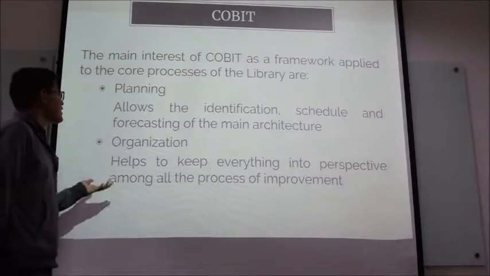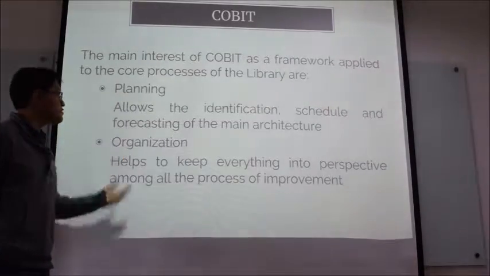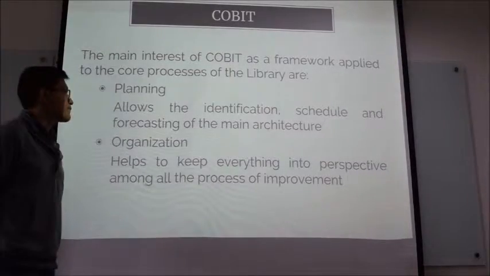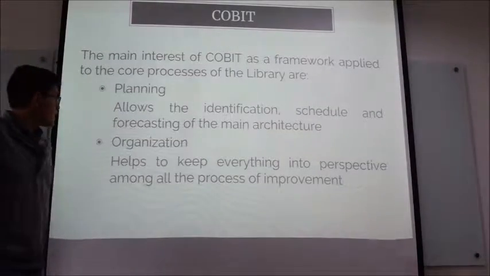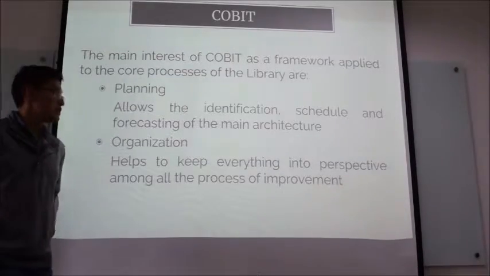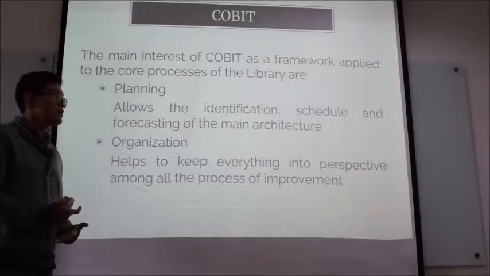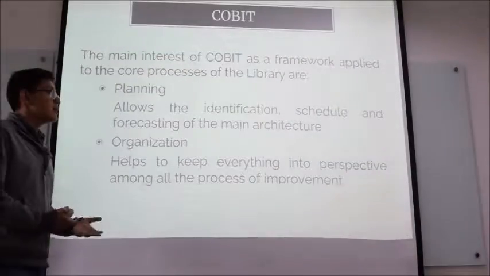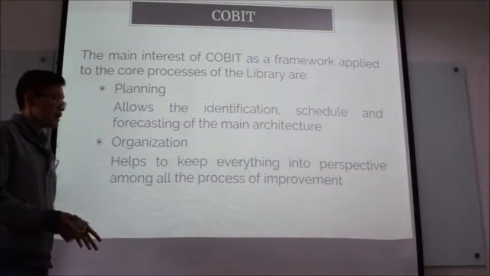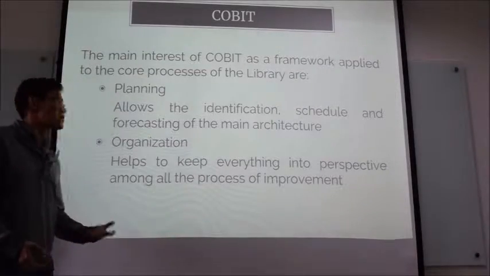The first one, the planning, allows us to identify a schedule and forecast the architecture that is already implemented into the library, and the organization helps us to keep everything in perspective in the way that we want to improve the library. So it helps us to have a better vision into the things that we are doing.